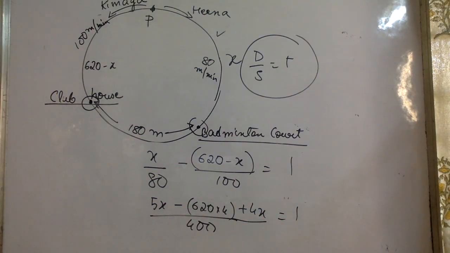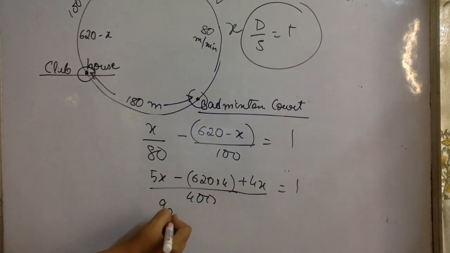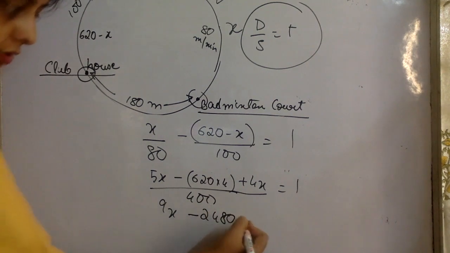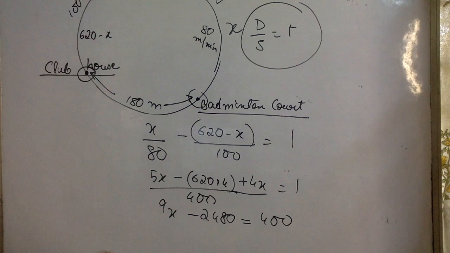Now we proceed another step. 9x minus, if we multiply we get 2480, that is equal to 400, isn't it?